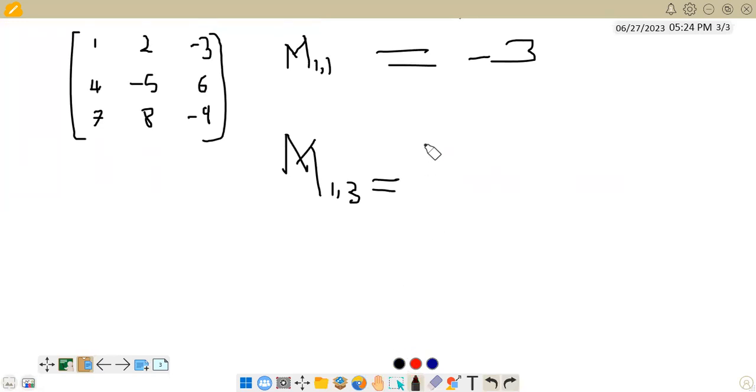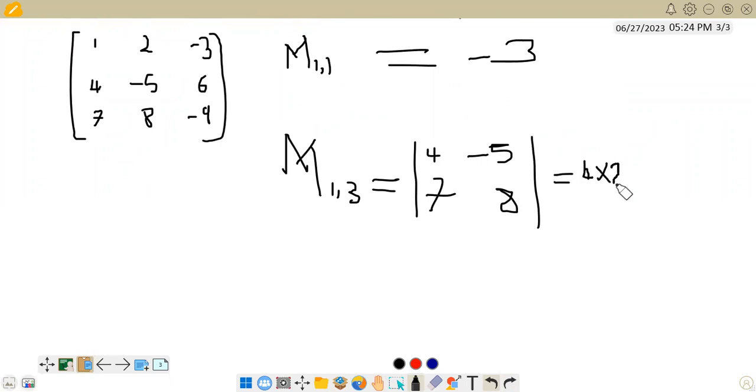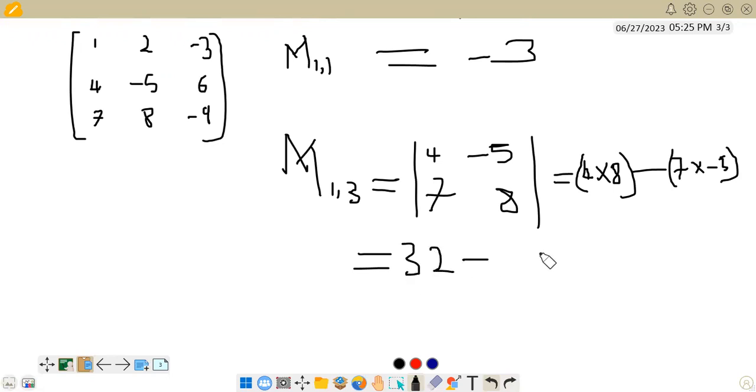So we have 4, -5, then 7, then 8. When we simplify, we get 4 times 8 minus 7 times -5. 4 times 8 is 32, minus 7 times -5, which is -35, so minus minus 35.